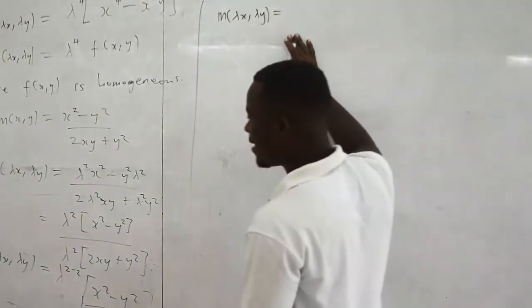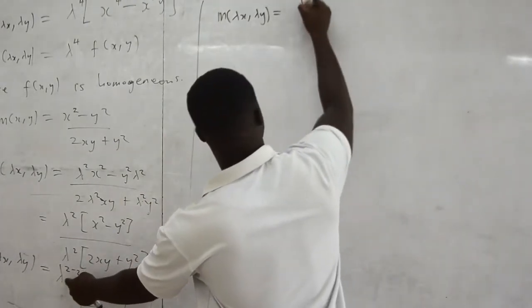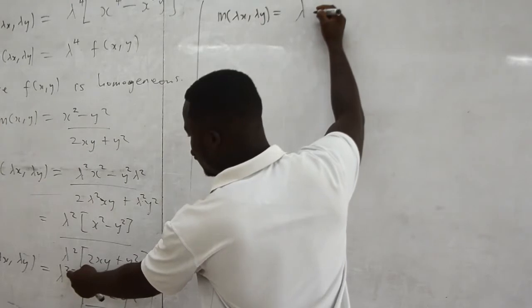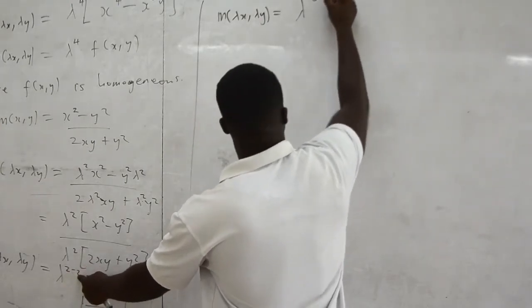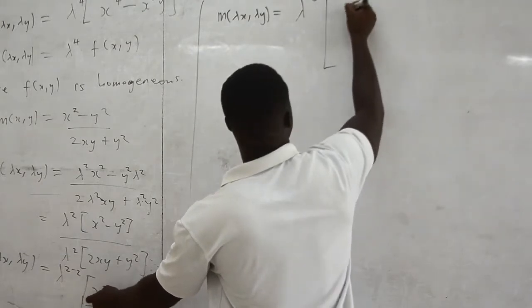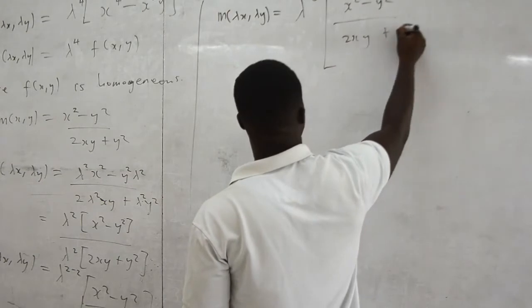Here, my m of lambda x, lambda y will be equal to lambda to the power of 2 minus 2, which is 0, times x squared minus y squared all over 2xy plus y squared.